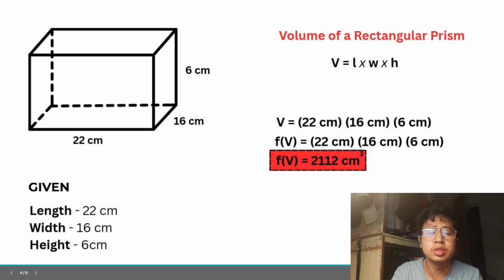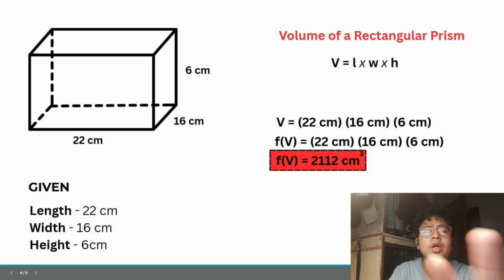If you would like me to recap it all again, the reason this is considered a function is because, just as I said earlier, a function can be like a machine. In this function right here, we are looking for our volume, and in order to do that, we needed to put in all of our inputs first, which includes our given measurements, dimensions, and formulas, everything that we could possibly need as an input.